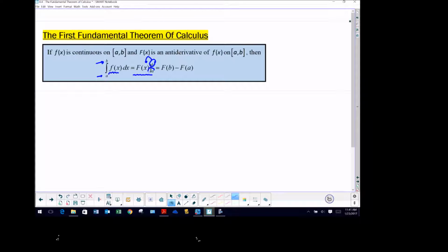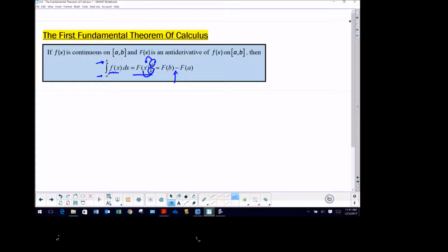Do the same with the lower boundary, a, and the all-important piece to remember is that there is a subtraction sign in between. It's that subtraction sign that can often cause some problems. So in a nutshell, that's what the first fundamental theorem of calculus does.